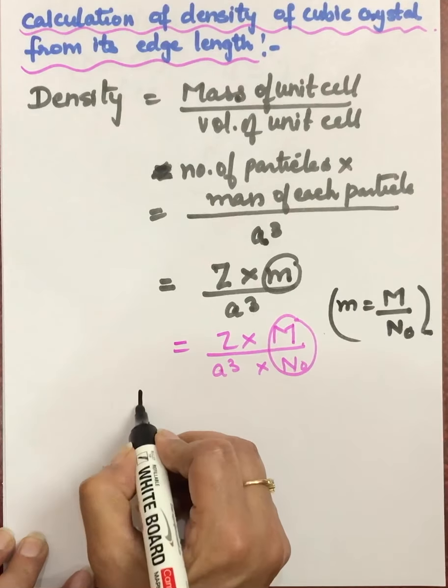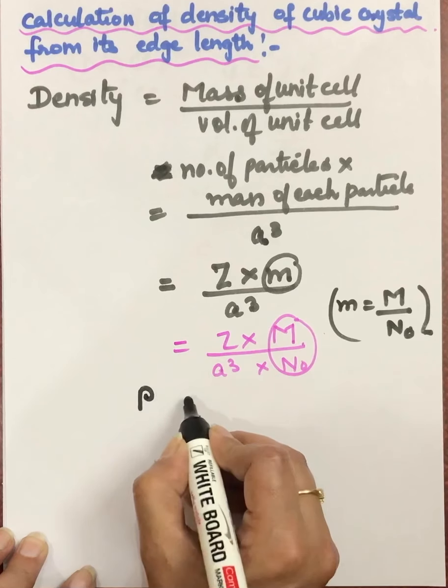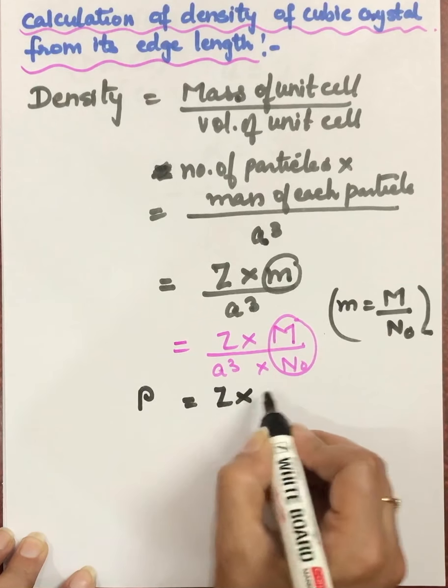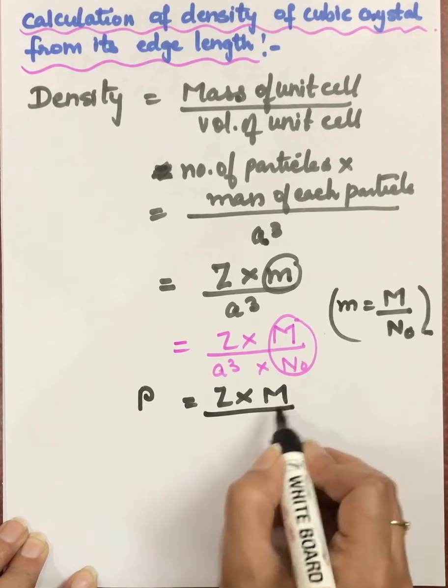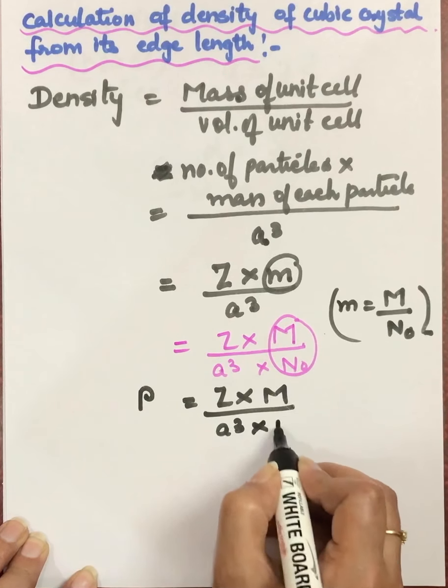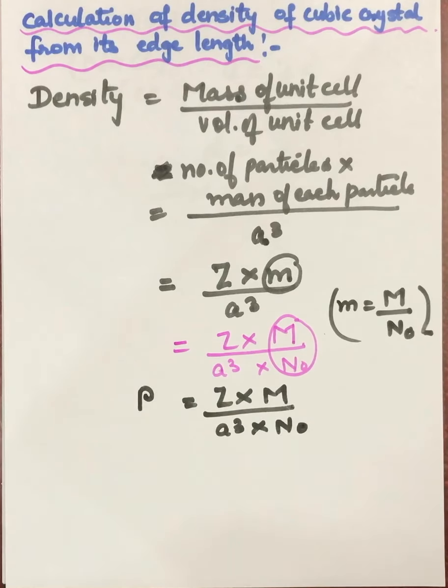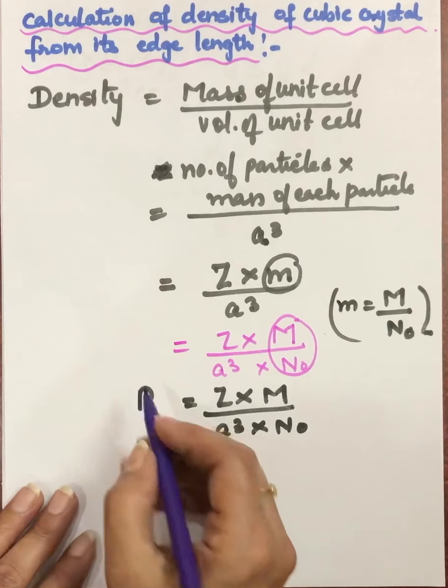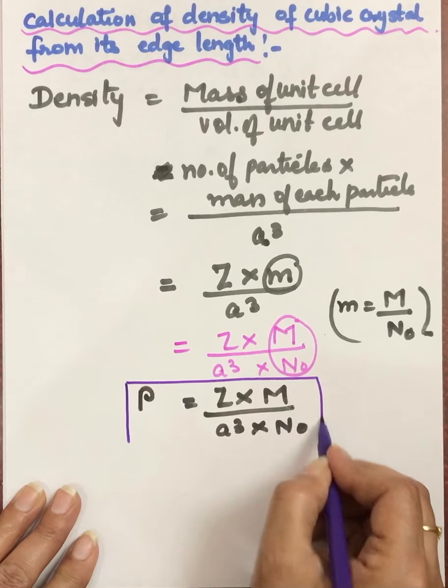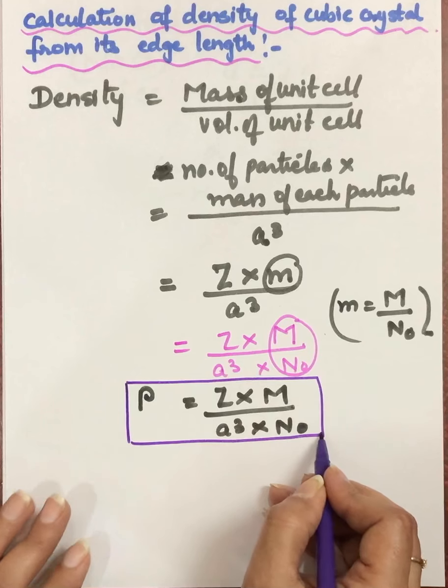So this is the formula for density. For density we are using a symbol rho equal to Z into M upon A cube into N naught. Using this formula, we can find out the density of unit cell.